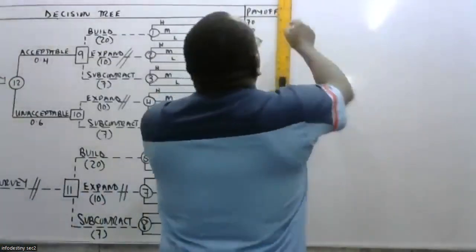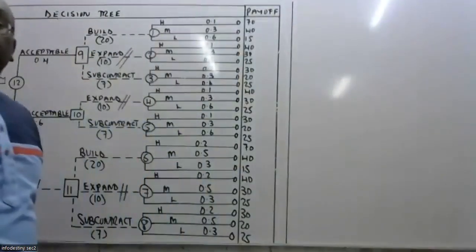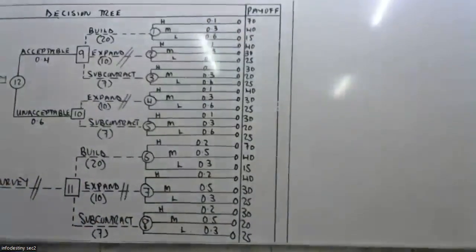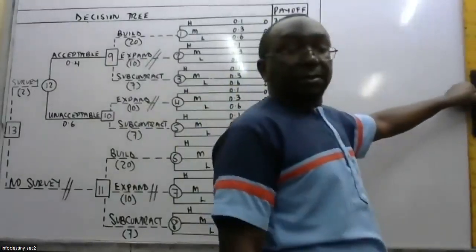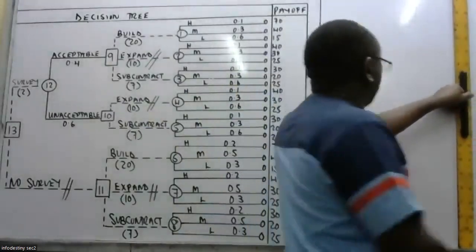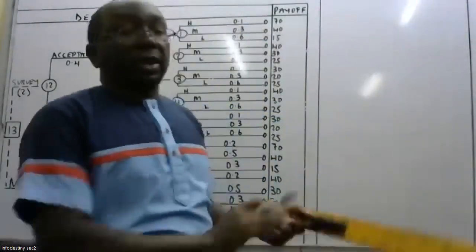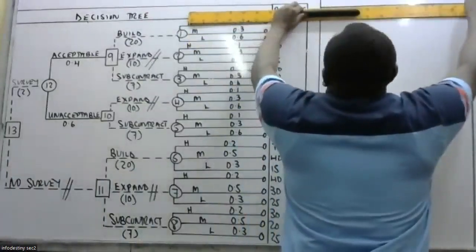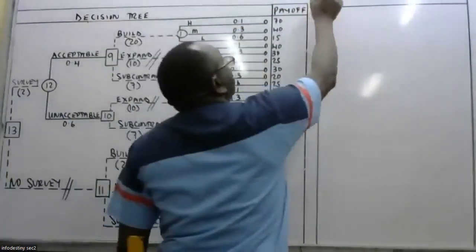All right, so this diagram is already drawn. Below the diagram, you are supposed to write: computation of EMV.